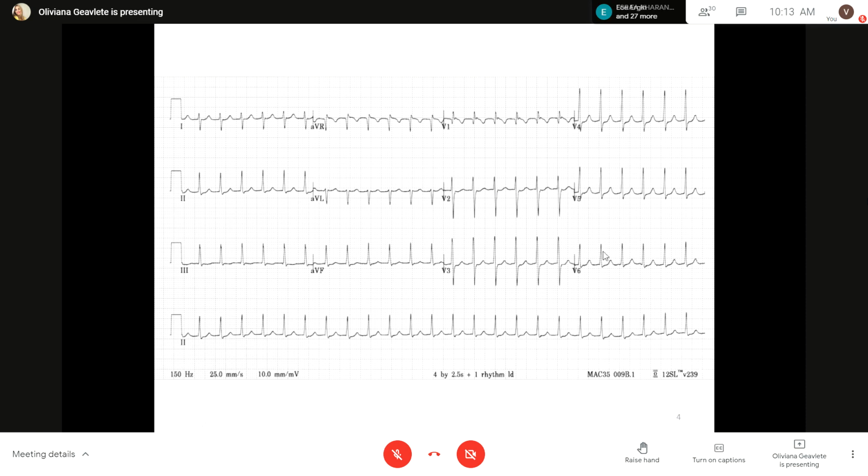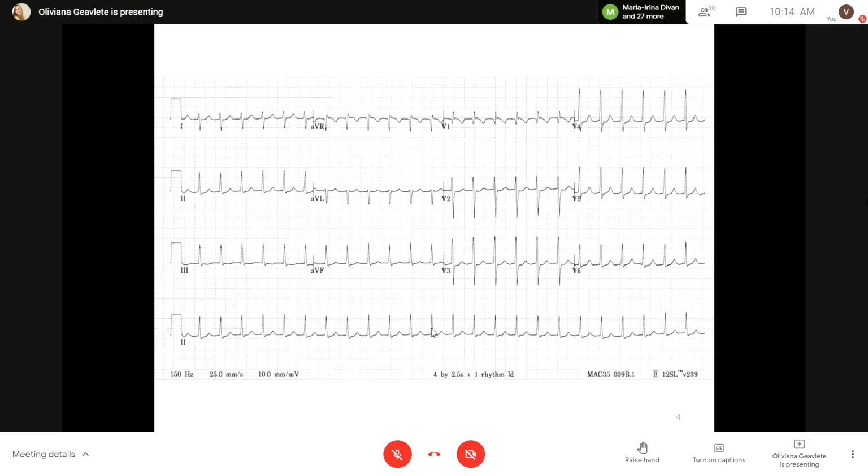And you cannot say anything about D2, D3, and aVF. You see these points here, a pseudo S. In fact, this might be the S wave, this might be the P wave buried in the QRS complex. It is a tachycardia with 150 beats per minute, maybe.